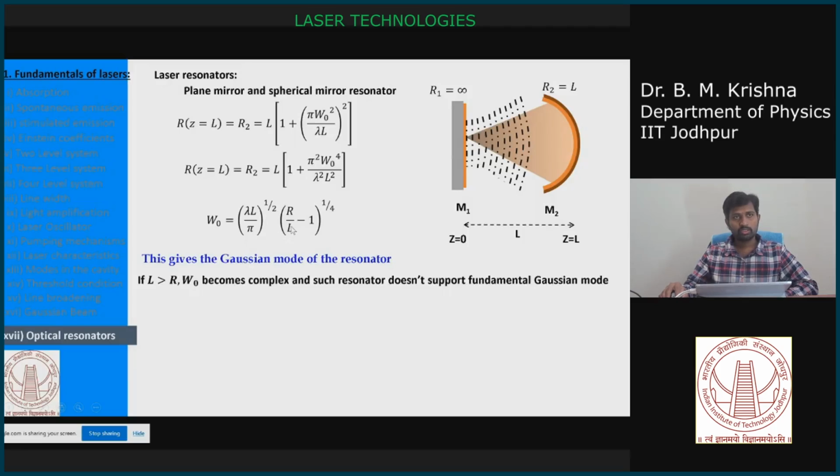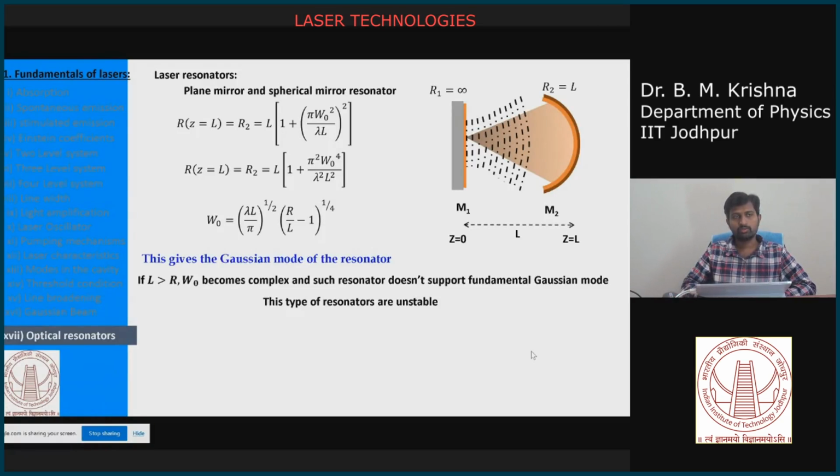Now if L is much greater than R, this becomes a negative term. As L increases, the first term becomes less prominent than the second term, so W naught becomes complex. When your beam width is complex, your fundamental mode, that is your Gaussian mode, becomes complex. This cannot be sustained in the cavity, so this cavity is an unstable cavity for the Gaussian mode.